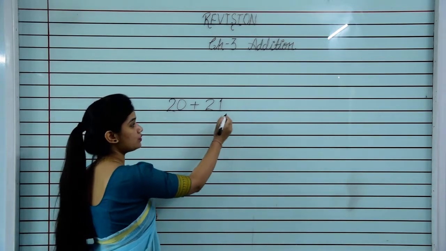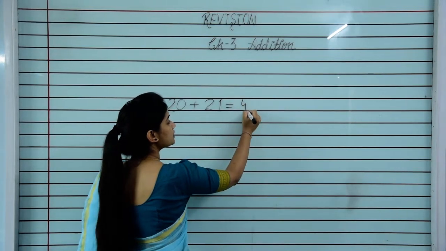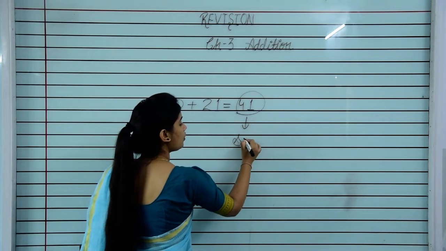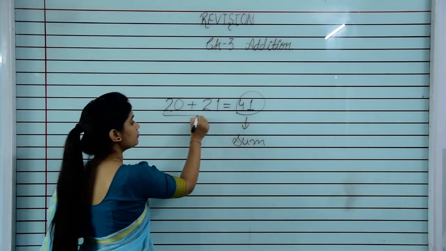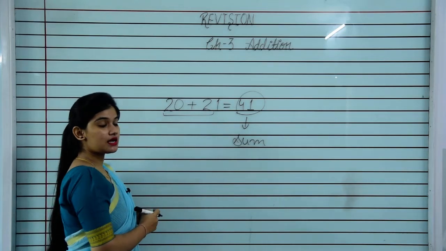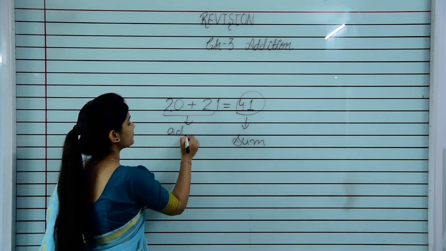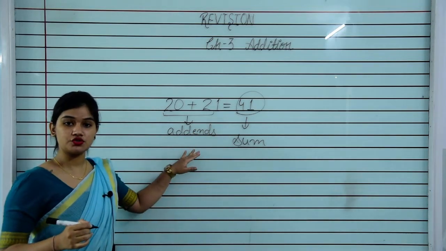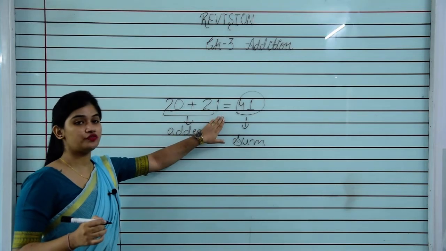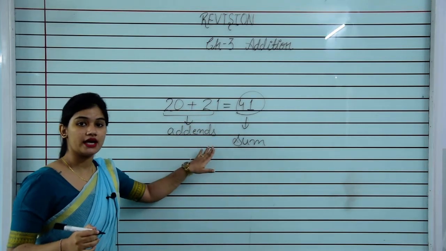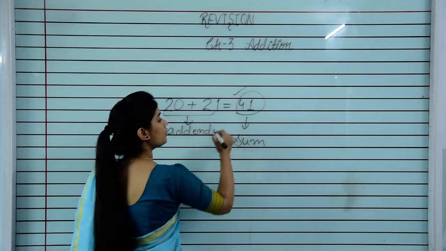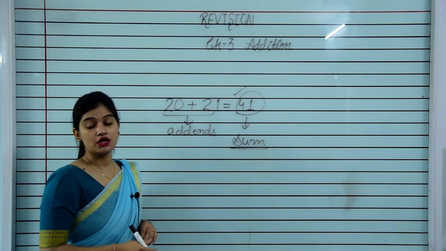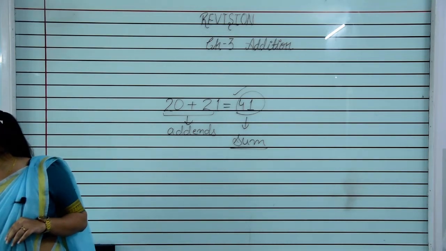If we add these two numbers, then we get 41, and this 41 is called the sum of these two numbers, and these two numbers are called addends. Understood students? Numbers which we are adding are called addends, and the result of these two numbers is called the sum. Understood students? So now we start with the topic.